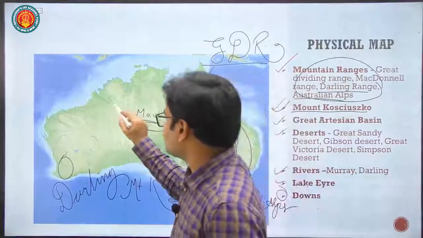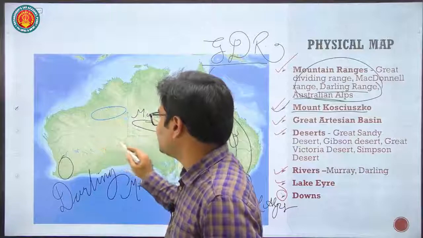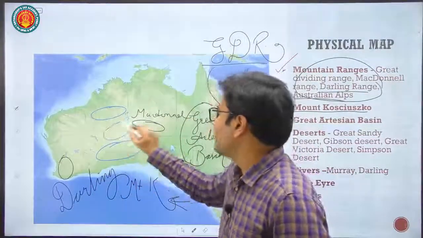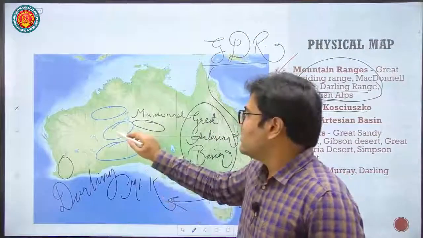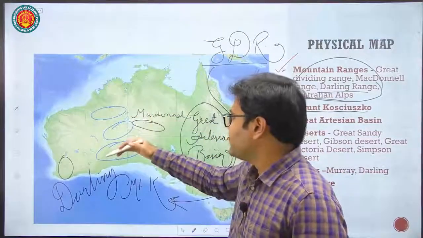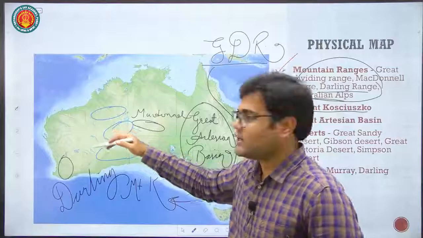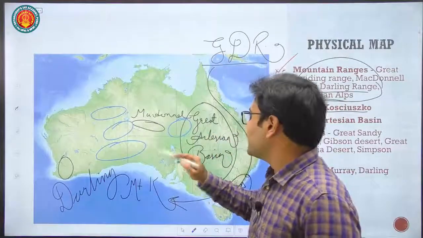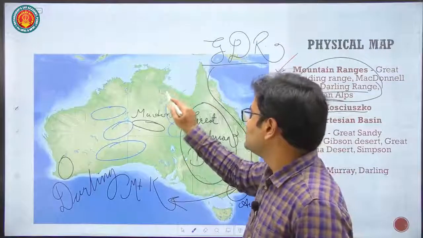So here we have Great Sandy Desert. Here we have Great Victoria Desert. In between we have Gibson Desert, and in the west of Great Artesian Basin, here there is Simpson Desert.